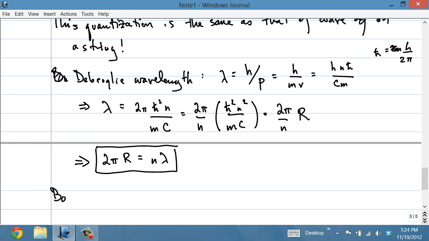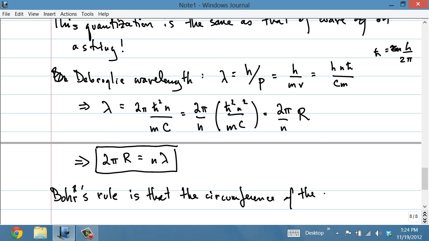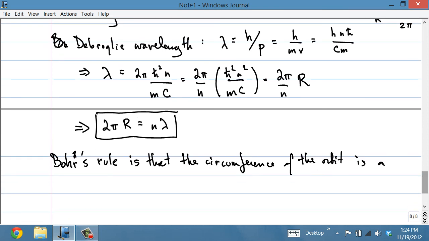That means that Bohr's rule can also be stated a slightly different way. It can be stated as the statement that the circumference of the orbit is a multiple of the wavelength of the electron.